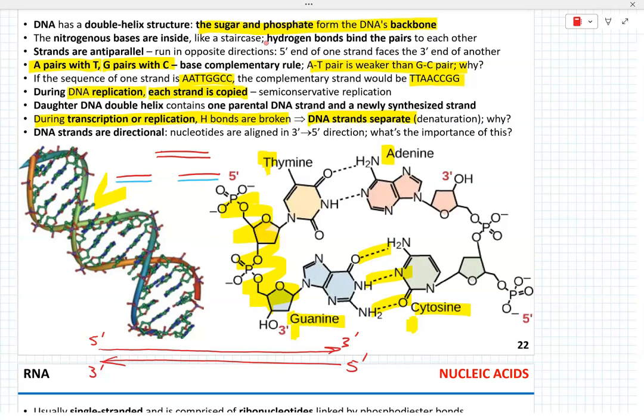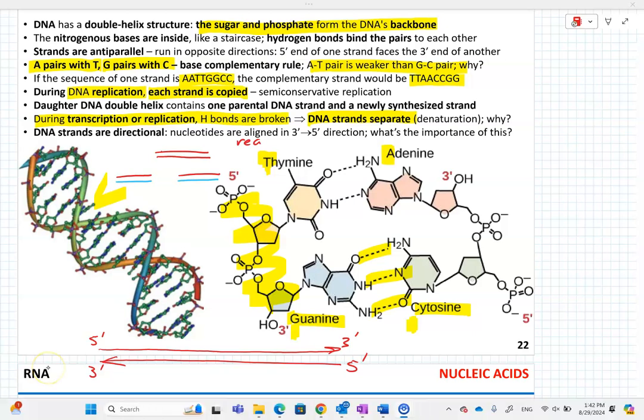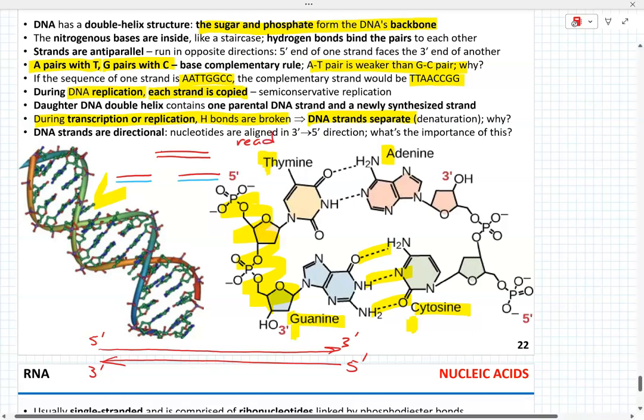The same way, every DNA molecule is always read from 3 prime to 5 prime end.